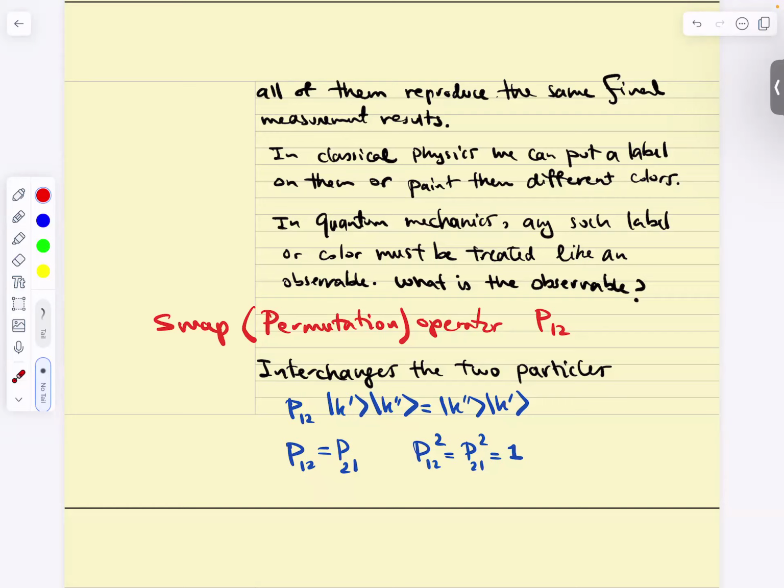You apply a gate, which is literally swapping the two, and you look at the overlap of this and this. So you measure this swap, P1,2. It is a gate.